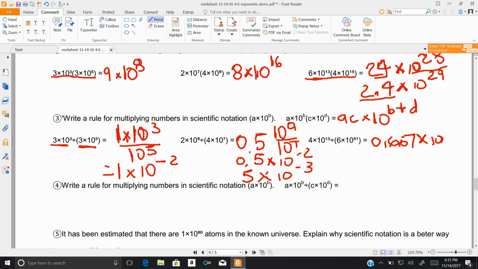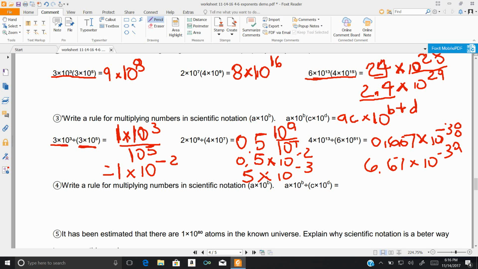And if I subtract that, I get negative 38. But if I put it in the calculator, I get 6.67 times 10 to the negative 39.